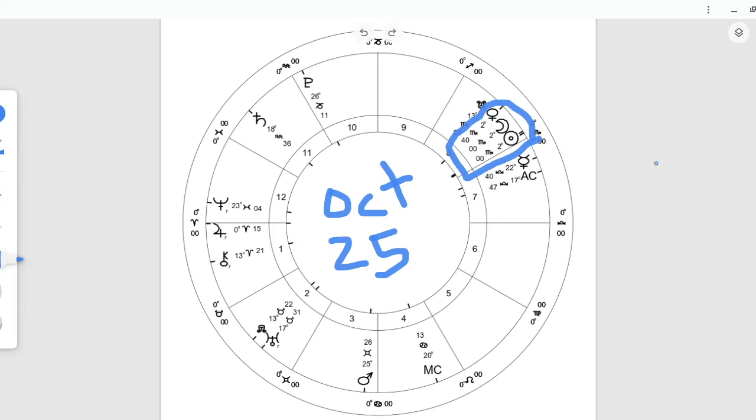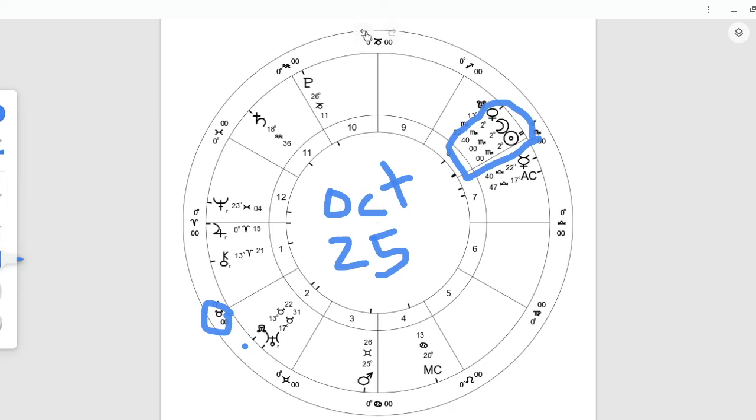So she's sort of strengthened and shielded a little bit from that combustion. But when she moves into Scorpio, she's moving into a sign of her detriment, because Scorpio is opposite to Taurus, and Taurus is one of the signs that she rules in addition to Libra.